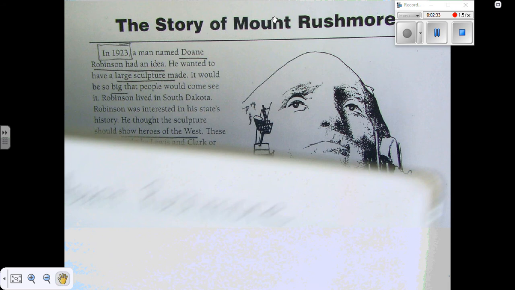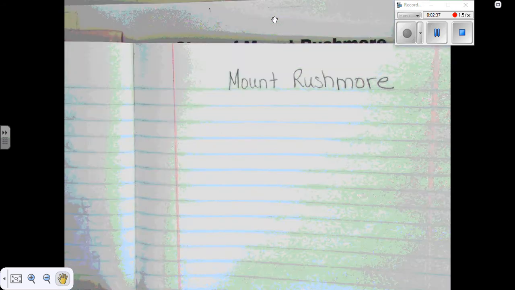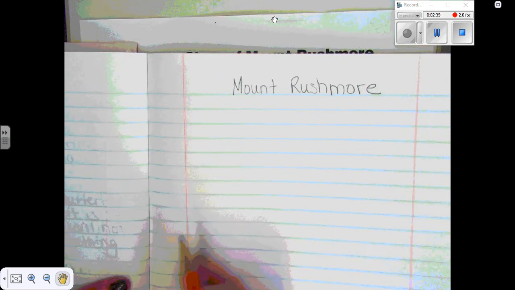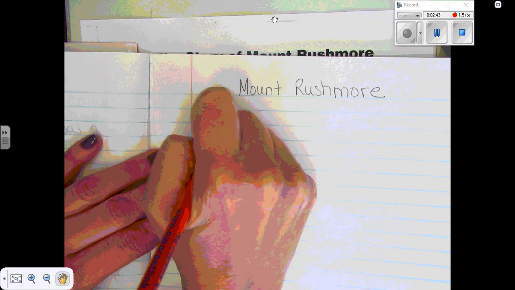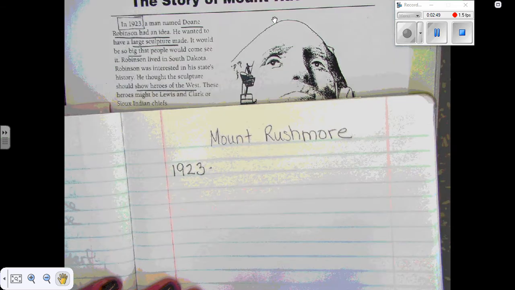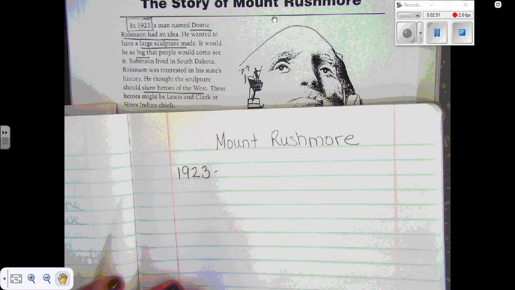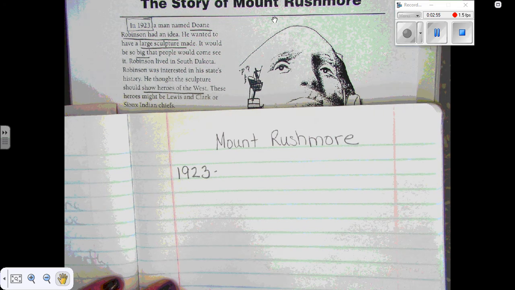So in here, I have my notebook page set up. My topic is at the top, Mount Rushmore. And my first piece of information is going to be the year 1923. And I'm not going to put all of this exactly how it is in the article, but I'm going to summarize it in a sentence to be able to say what happened in 1923.